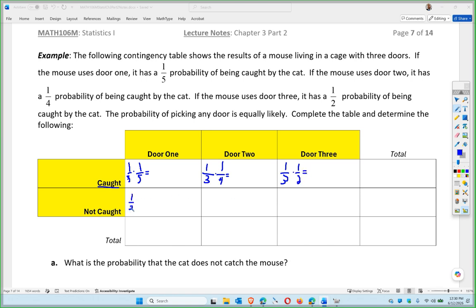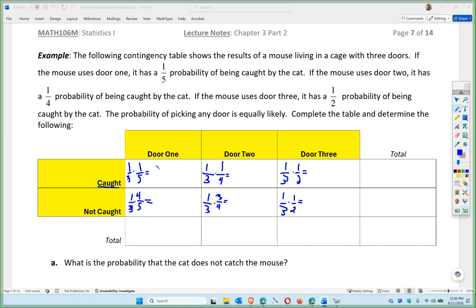You would have picked it either way, whether you caught it or not. But if it's 1/5 to catch it, then 4/5 of the time you're just out of luck, you didn't catch your mouse, correct? If 1/4 you caught it, then 3/4 you didn't. And if it's 1/2 you did, it's 1/2 you didn't. So it looks like the third door is probably your best bet, right?